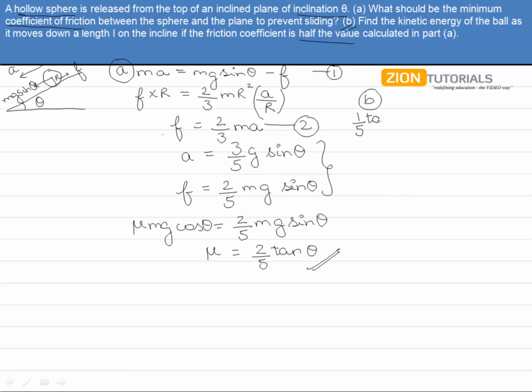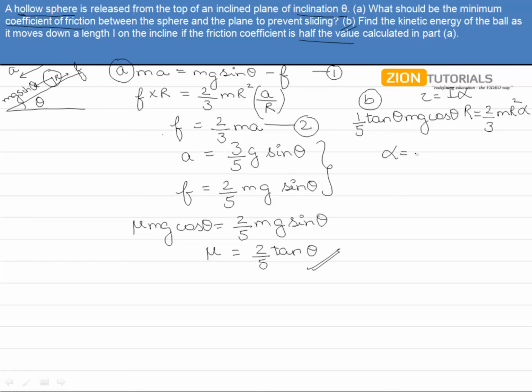So 1 by 5 tan theta times mg cos theta, this is the mu times mg cos theta, into R, that is the torque due to friction, equals I, which is 2 by 3 mr square, into alpha. This is actually torque equals I alpha.